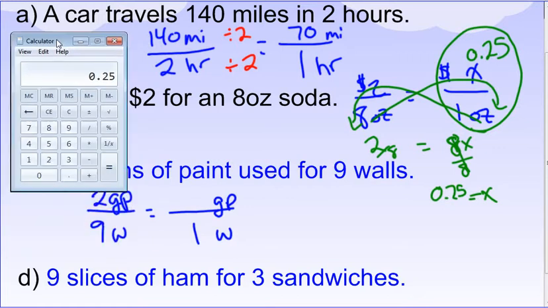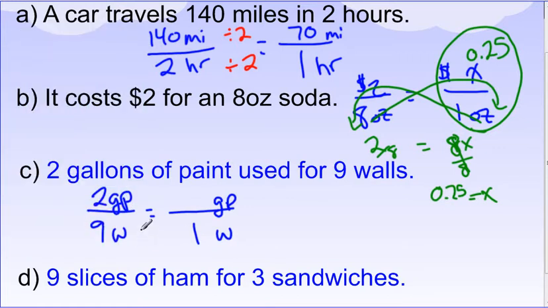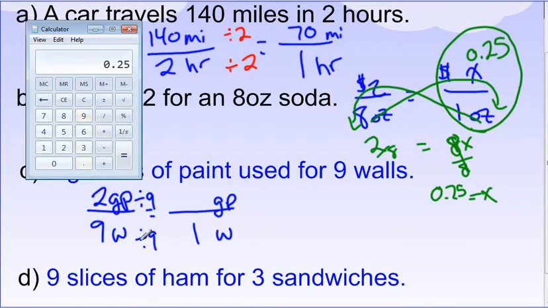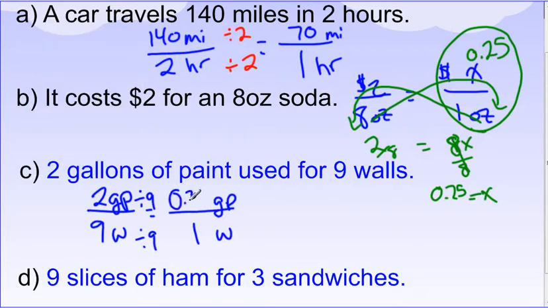So I'm going to divide by 9 top and bottom. 9 divided by 9 is 1. 2 divided by 9 is 0.2222 repeated forever. So about 0.2 gallons of paint for 1 wall. That's our unit rate.